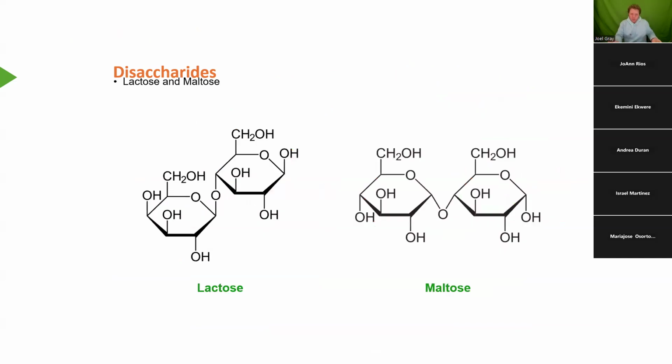Okay, so then here are our other sugars, lactose and maltose. This is glucose and glucose. This is glucose and galactose. Again, I want you to be able to pick out glucose.